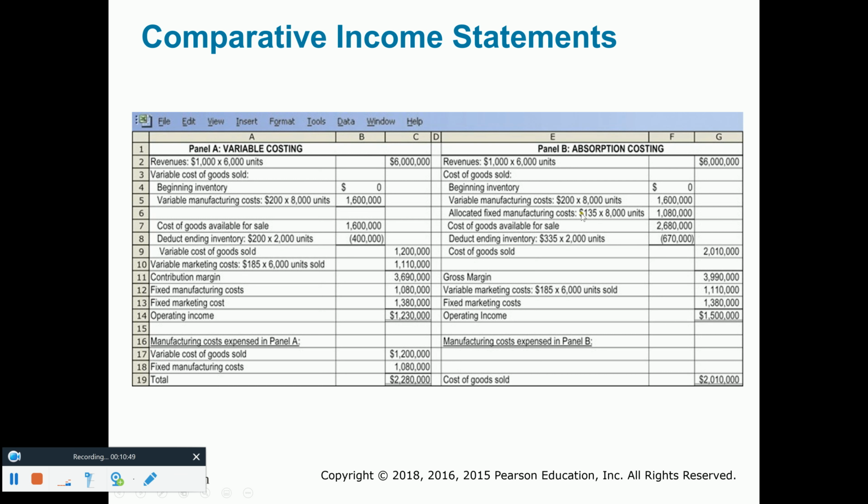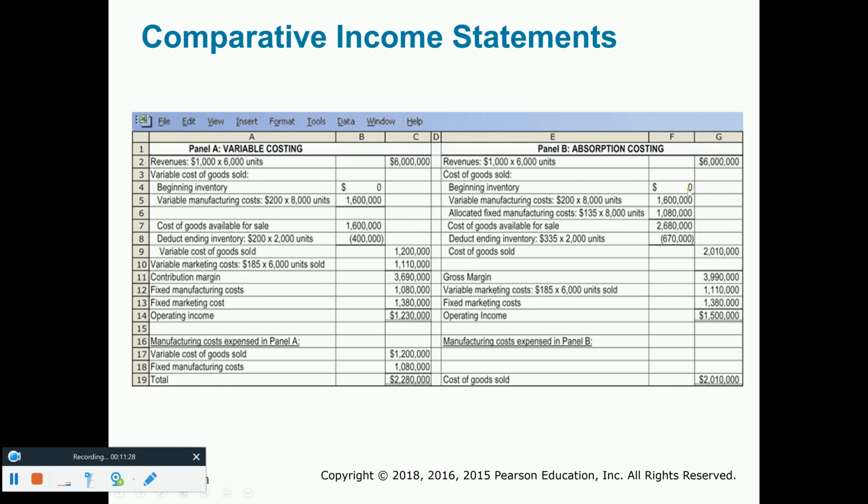The $135, by the way, let me show you how to calculate this because this is extremely important. The $135 per unit is basically the $1,080,000 total divided by the 8,000 units. So we know the total. The author told us the $1,080,000. The author also told us the number of units produced. So if I take the $1,080,000 total fixed manufacturing costs divided by the number of units produced, 8,000, that's where we get the 135. That is important.